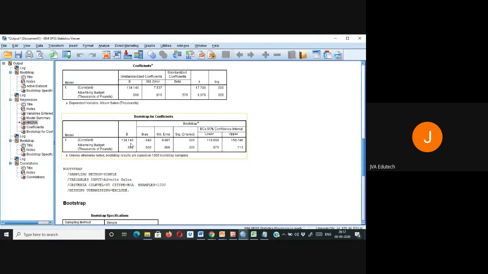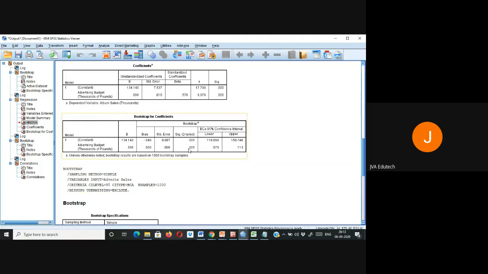Even if our advertising spend is 0, meaning we do not spend any amount on advertisement at a given point of time, our sales will be 1,34,140 albums. The moment we increase our advertising spend, your entire Y will be 134.140 plus the coefficient into the amount of advertising spend, plus the error term.